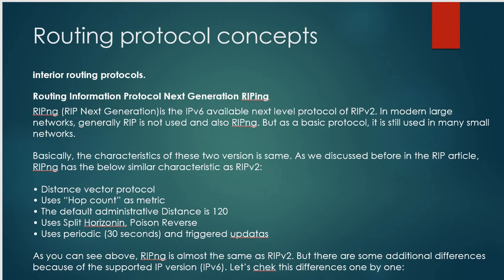As you can see above, RIPng is almost the same as RIP version 2, but there are some additional differences because of the IP version. RIP version 1 and 2 support only IP version 4, but next generation RIP supports the 128-bit IP version 6.